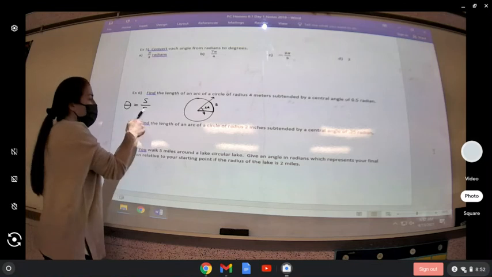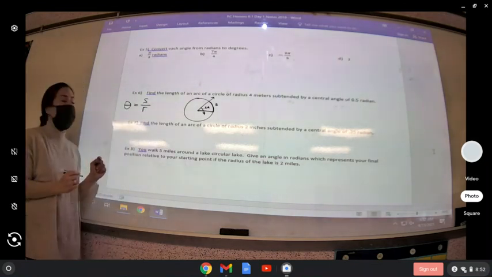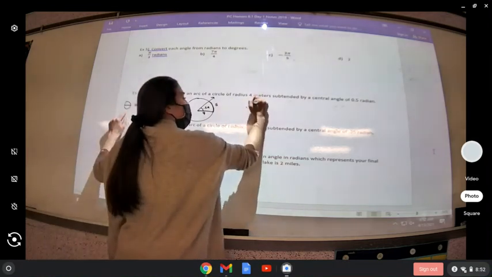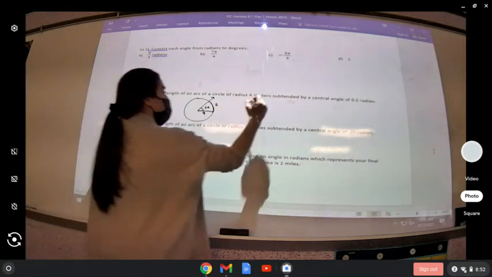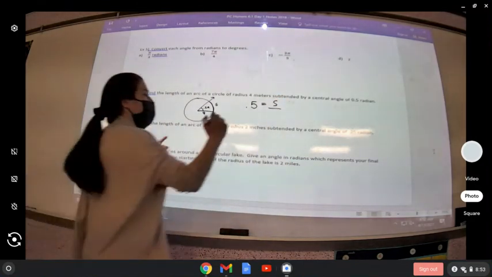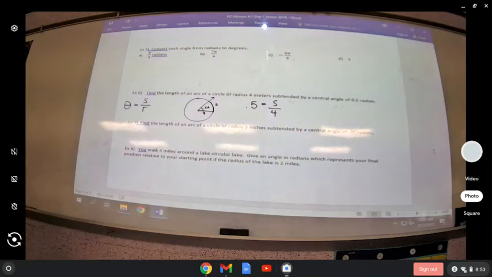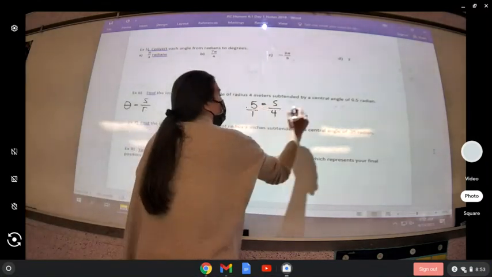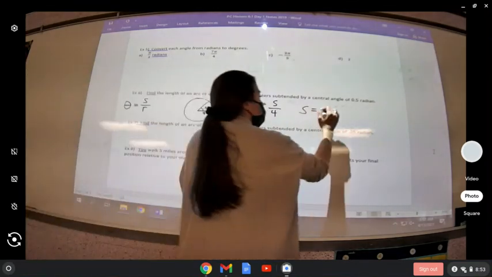So now you just plug your radius and your angle in and you solve for the length of the arc S. So 0.5 radians is equal to arc length S divided by a radius of 4. So we're just solving this for S. Cross multiply, and S is equal to 0.5 times 4, which is 2.